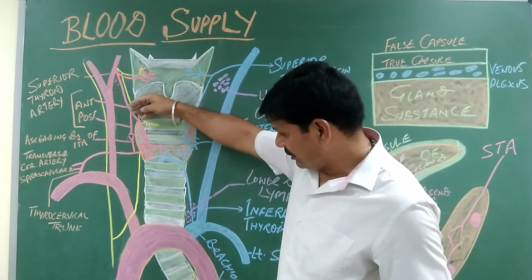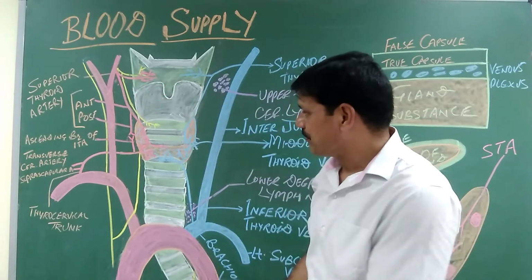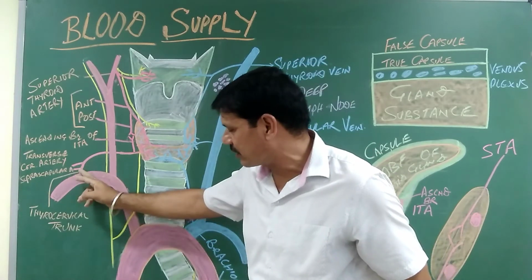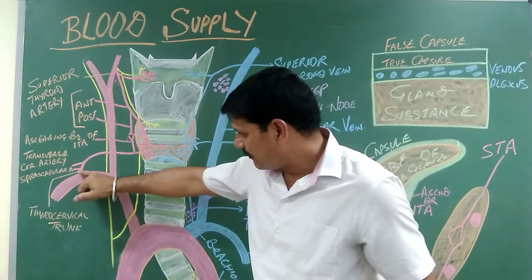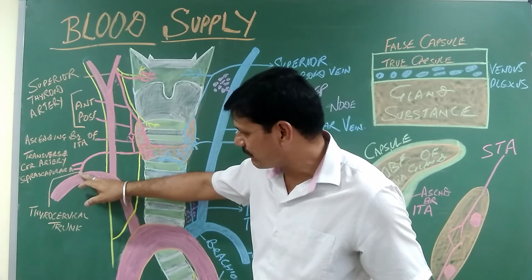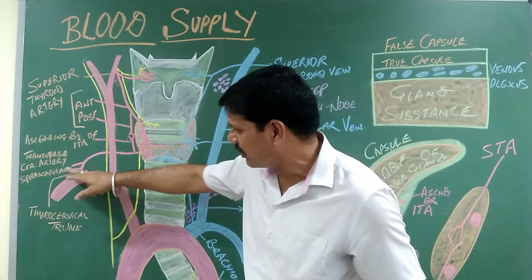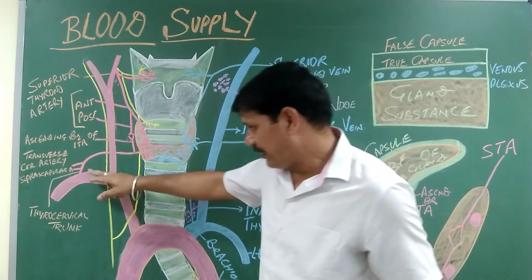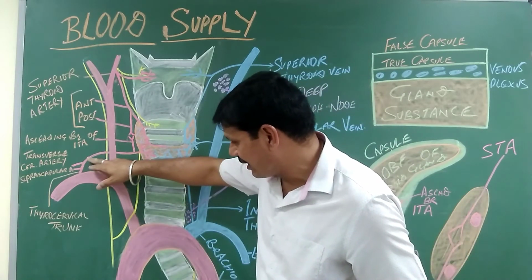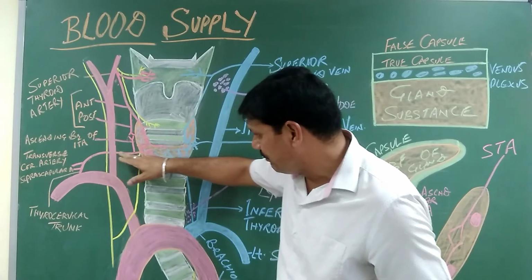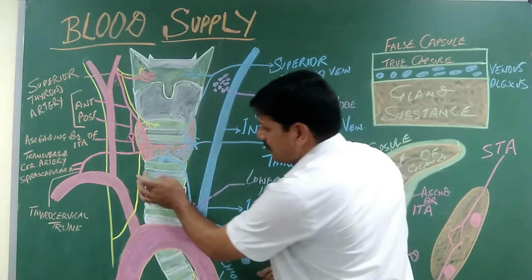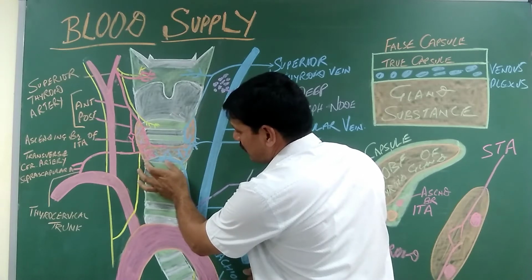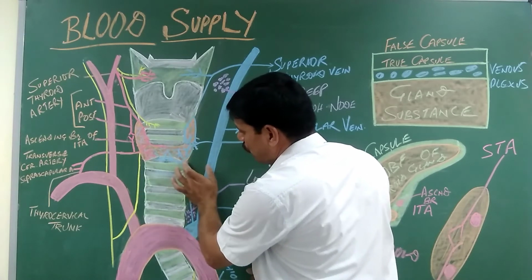The gland is thus supplied by the superior thyroid artery and the inferior thyroid artery, which is a branch of the thyrocervical trunk. Other branches of this trunk are the suprascapular and transverse cervical arteries. The inferior thyroid artery moves upward and medially and lies at the base of each lobe.